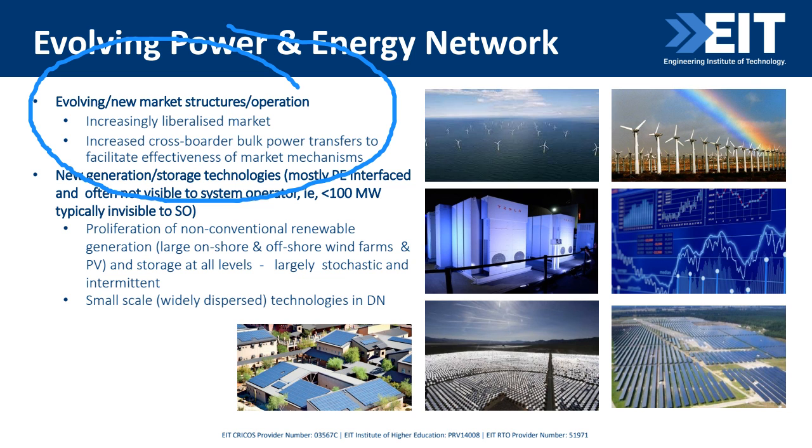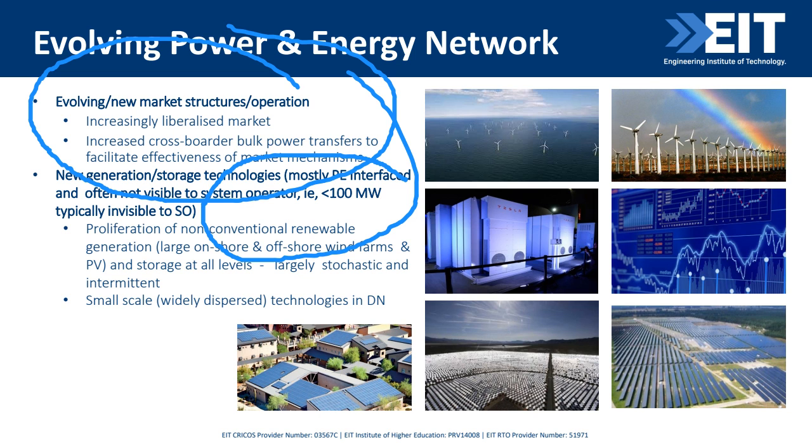We have got new storage technology, looking at less than 100 megawatt. We're looking at non-conventional renewables. We are seeing more and more onshore and offshore wind farms and PV. So storage of all sorts is coming in.